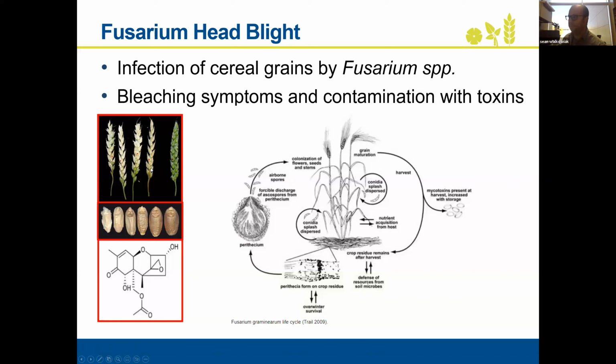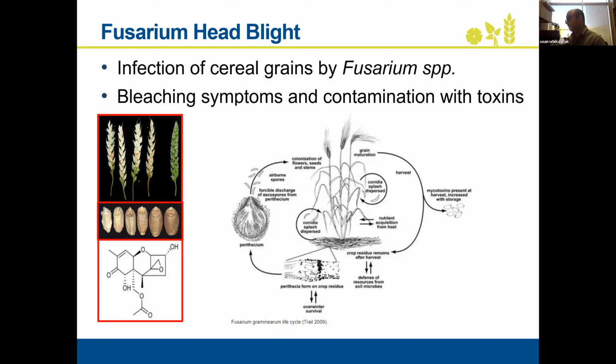Sometimes you get this phenolic loading of brown appearing on some of the tissues, and some of the kernels may be aborted. They might become covered in fungi, shrunken and shriveled. And they often contain toxins that the fungi are producing. One of the most concerning is this toxin here called deoxynivalenol. It's also called vomit toxin.